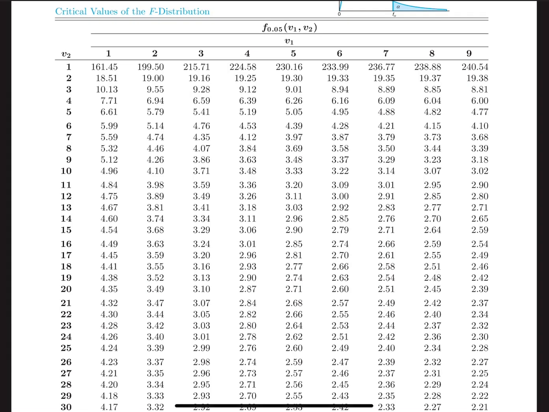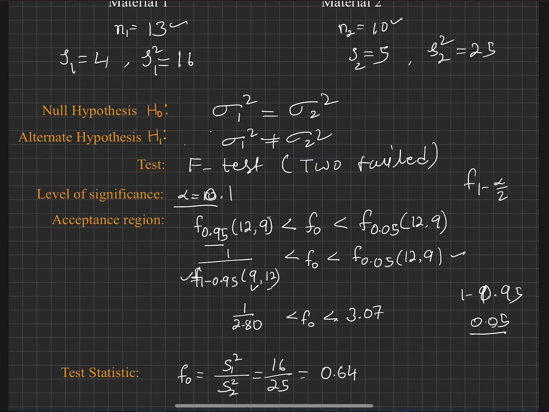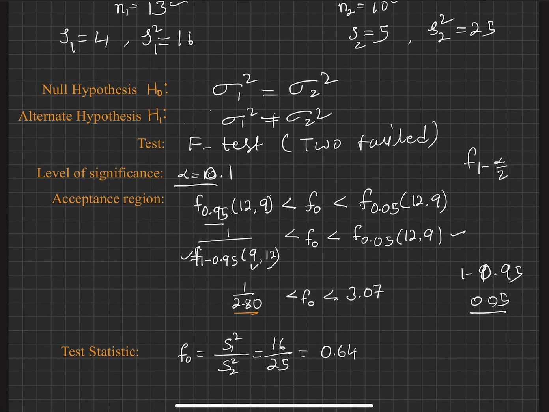V1 is 9 and V2 is 12, corresponding to alpha value 0.05. The corresponding F value is 2.80.